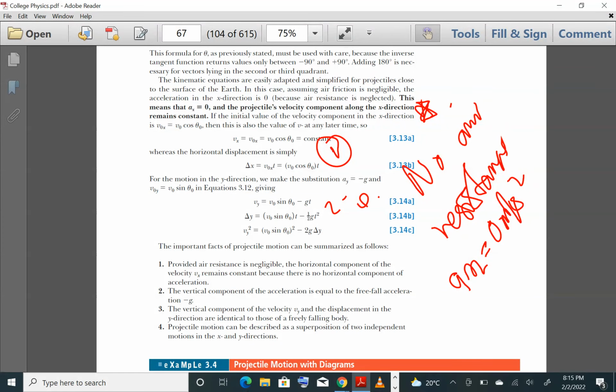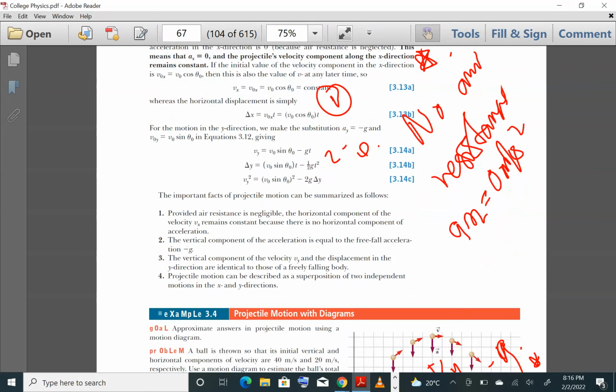Here we are going to substitute sine theta multiplied by the initial velocity, and where there was acceleration, we are putting acceleration due to gravity, which you can see is negative g, which is negative 9.8 meters per second squared. So basically those are key things which you have to be comfortable with.